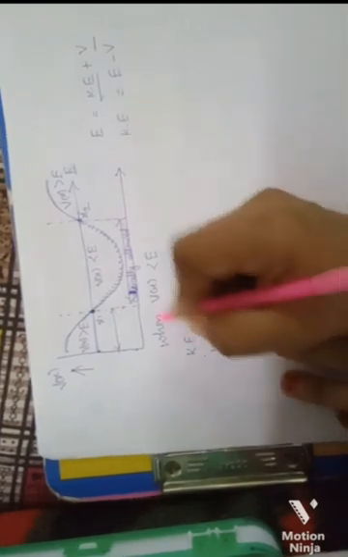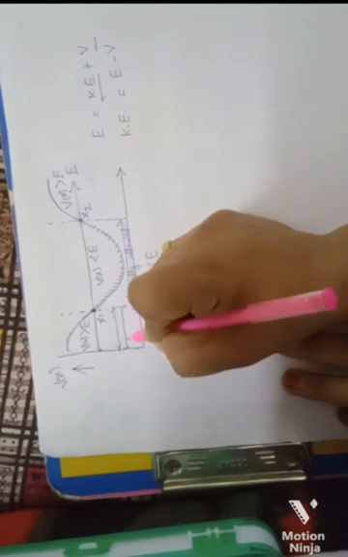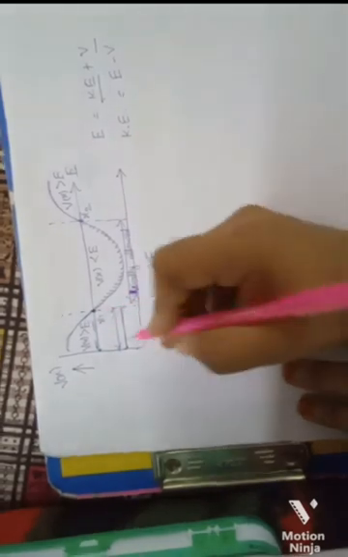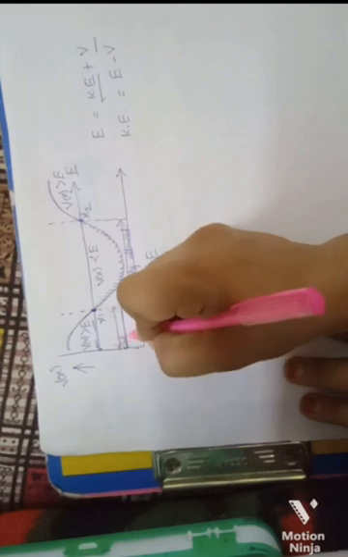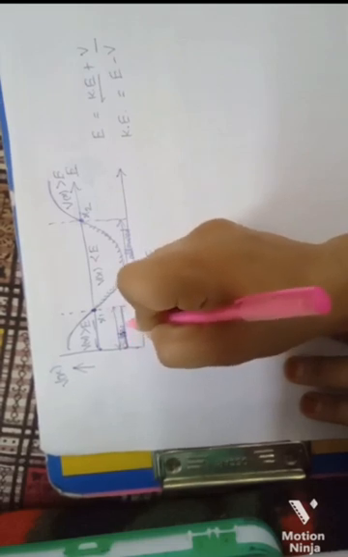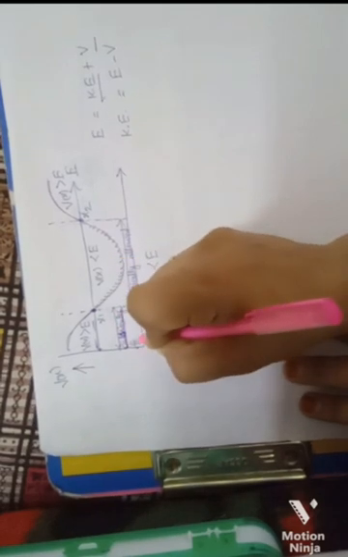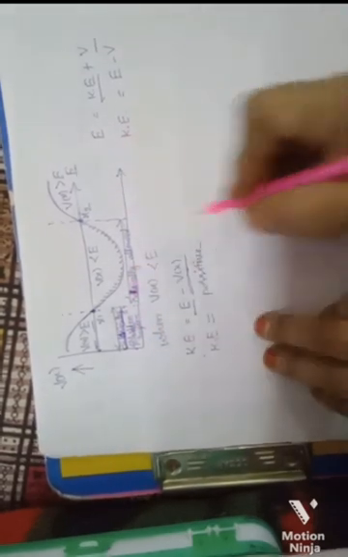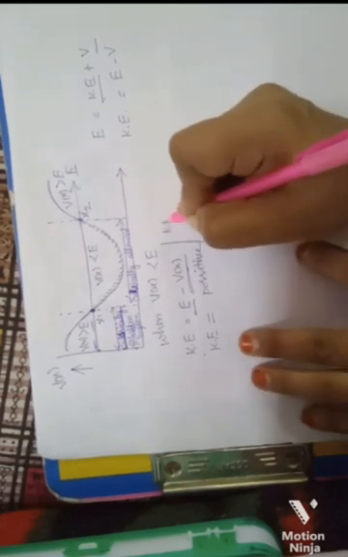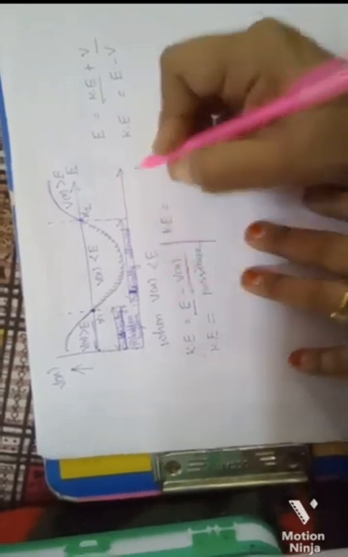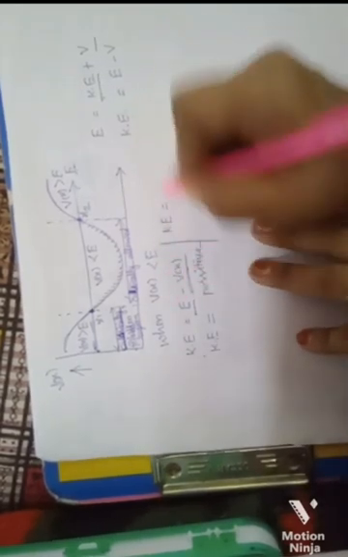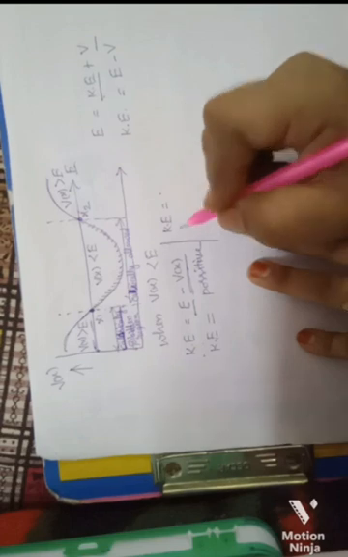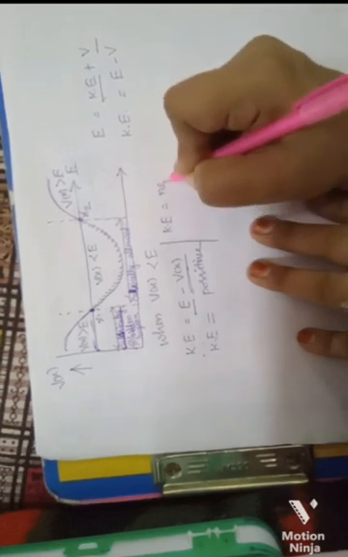Now the region where kinetic energy is negative, meaning V of x is greater than E, is called the classically forbidden region. So in this region where V of x is greater than E, kinetic energy is negative.